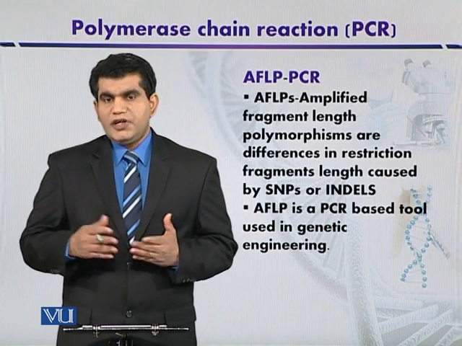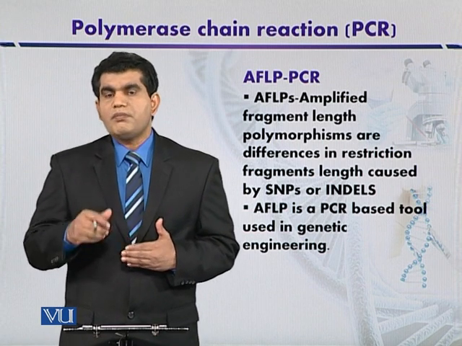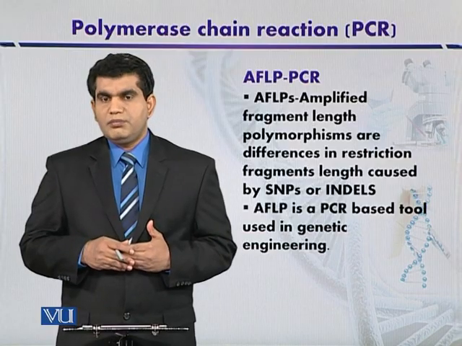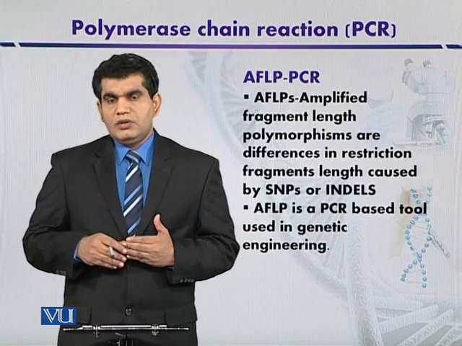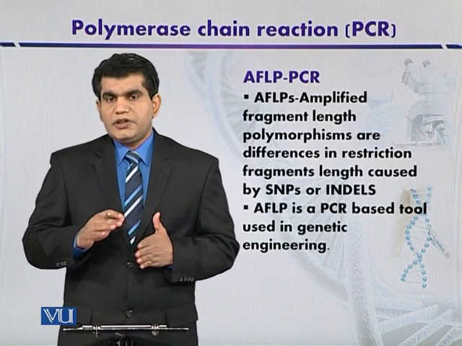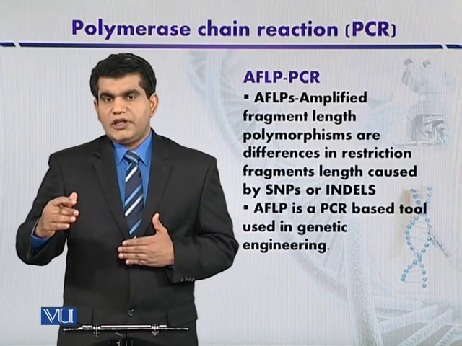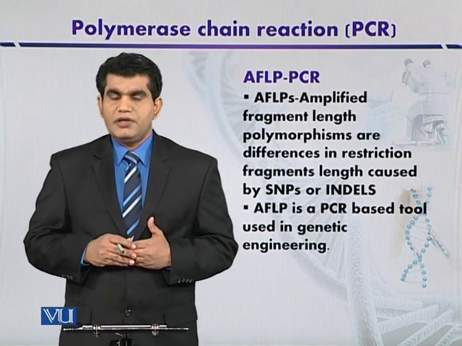Now here, what is the main difference when we compare it with RFLP, or restriction fragment length polymorphism? So it is also used in the same manner to study the variation within the DNA sequence, that is polymorphism in the DNA.